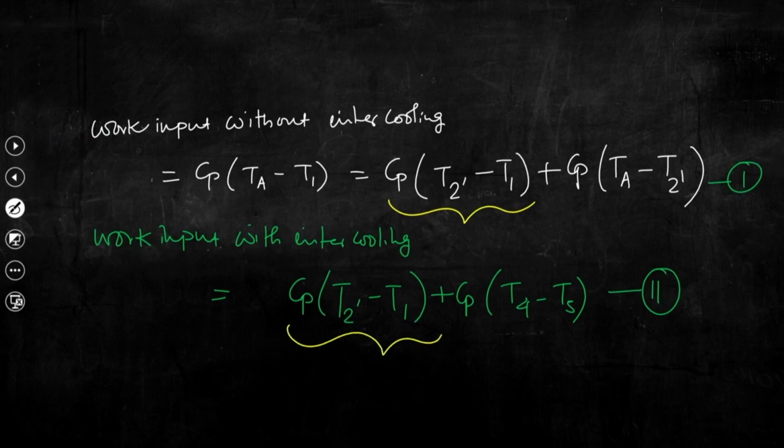So, work input without intercooling and work input with intercooling. This quantity, the work input with intercooling, should be less than the work input without intercooling, provided this quantity is less than this, because this is common.